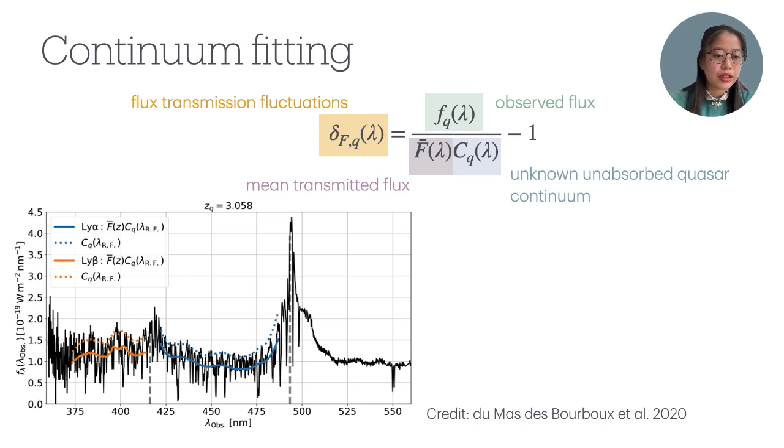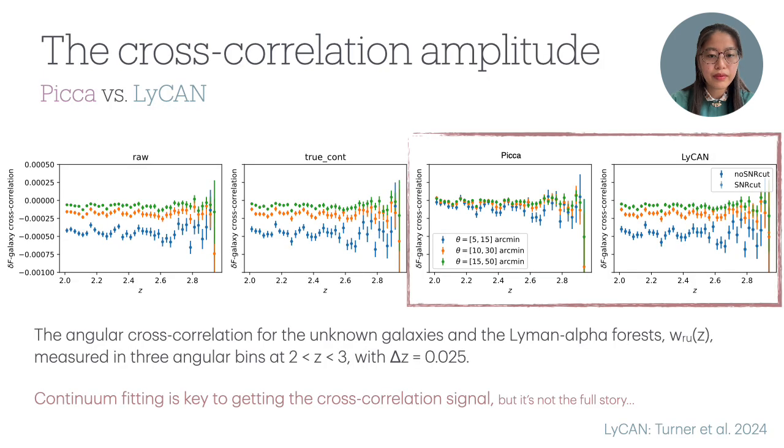This is illustrated in the bottom plot, where this continuum is shown in the blue solid line. You can see that determining this continuum precisely is key to getting your fluctuation amplitudes correct. It turns out that this affects the cross-correlation amplitude for our clustering measurement a lot.